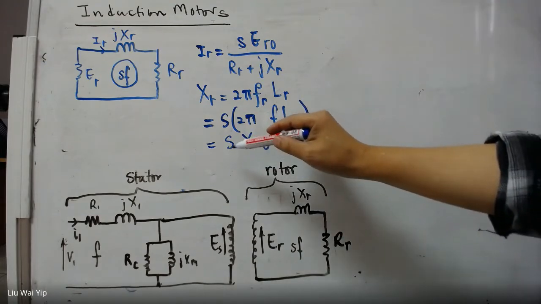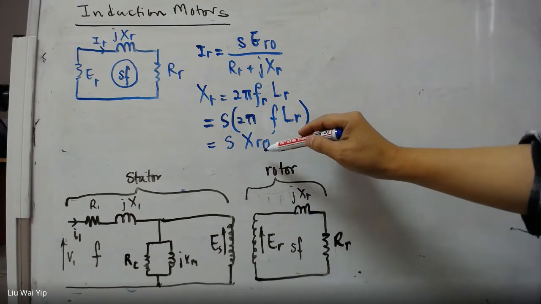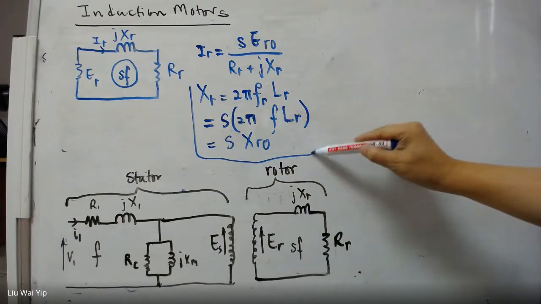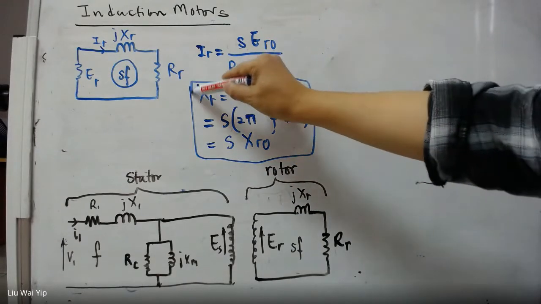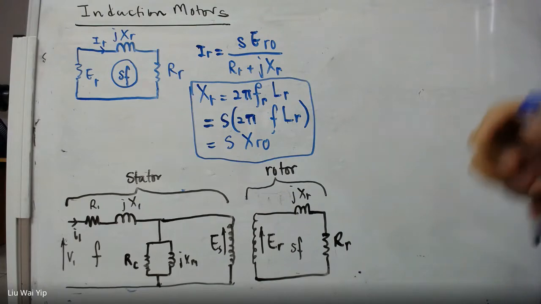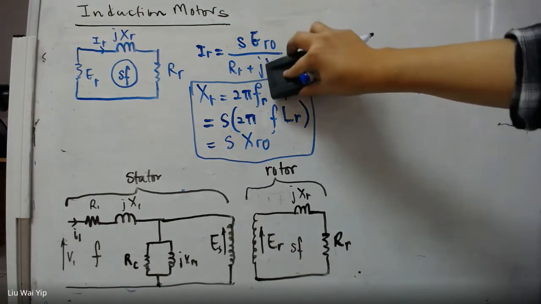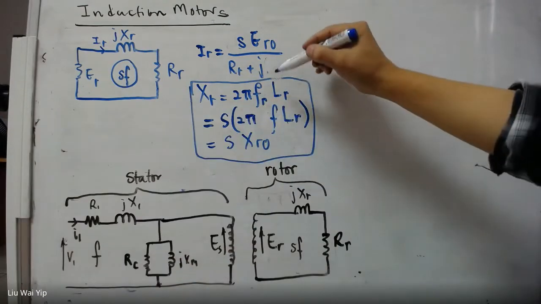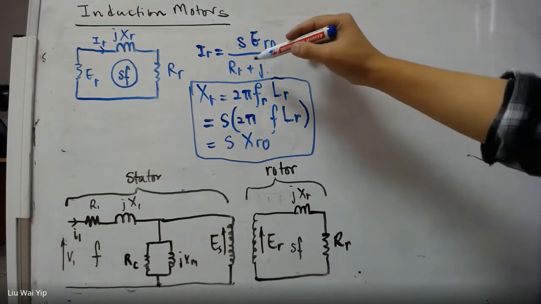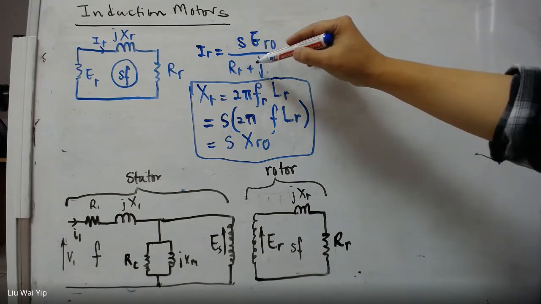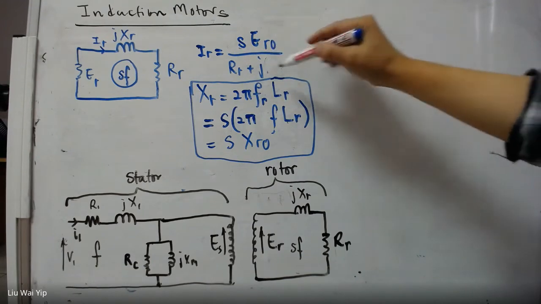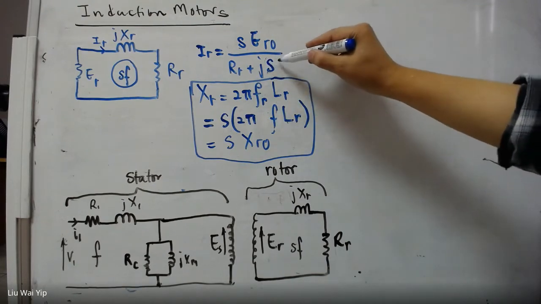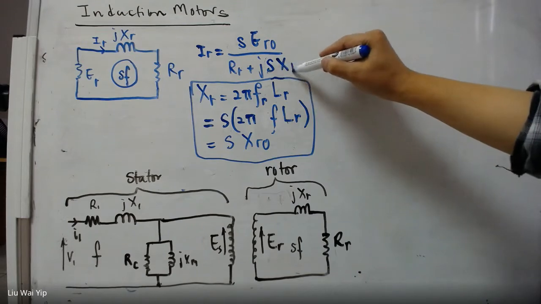So according to what we have got here, the current will be given by the bottom expression, R plus j times S XR0.